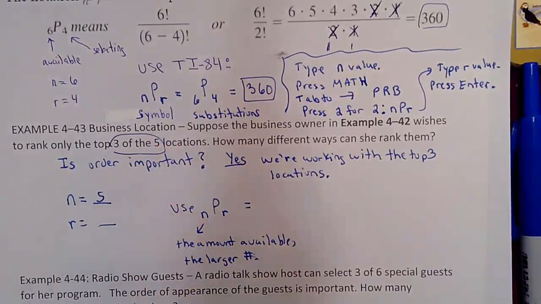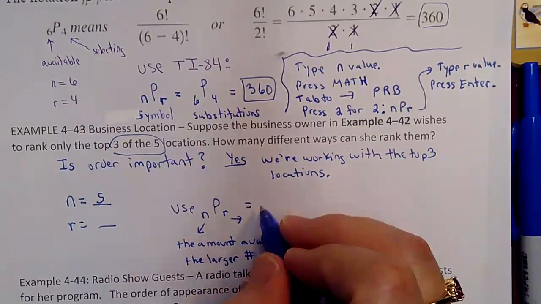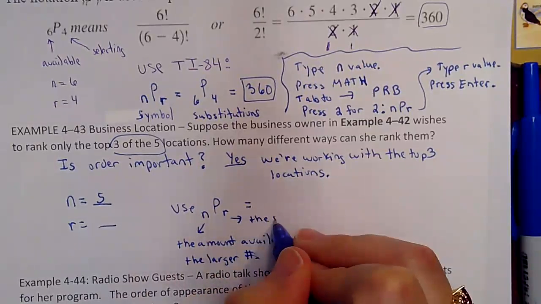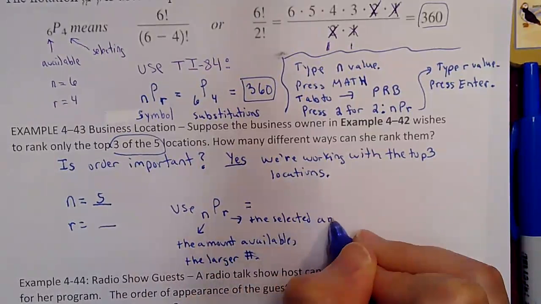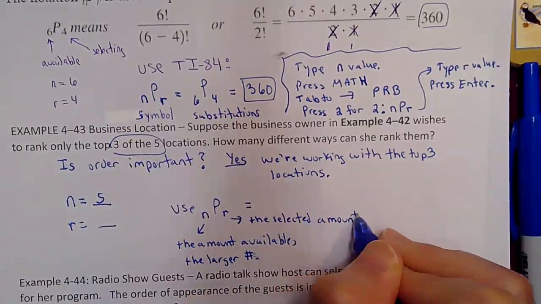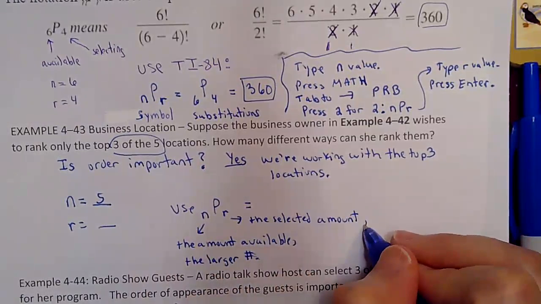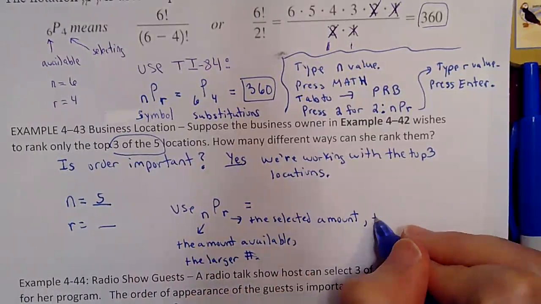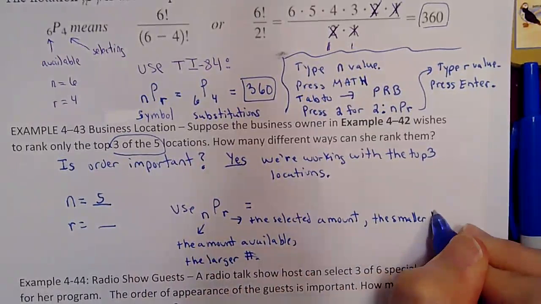So there's 5 locations available, but we're only ranking the top 3. The R stands for the selected amount, and it's going to be the smaller number, because oftentimes you won't be able to pick all of them.